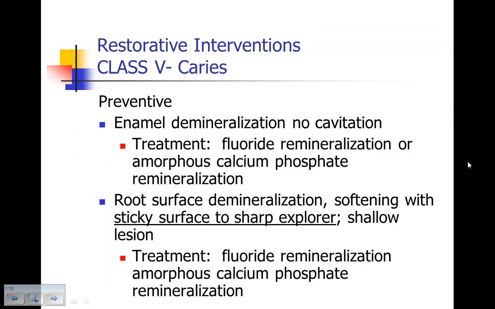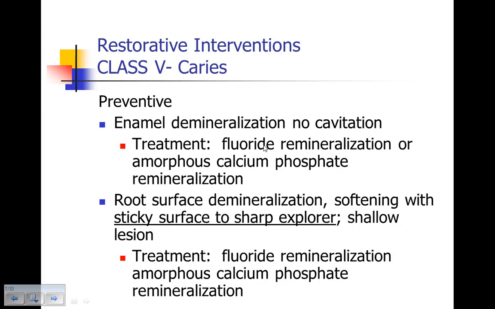So when we talk about remineralization therapies, preventive means, looking at the initial carious lesion as being reversible, our preventive actions are: enamel demineralization is present with no cavitation.